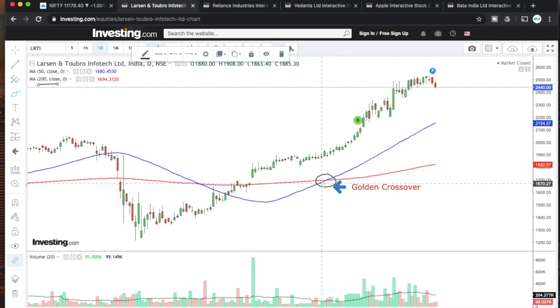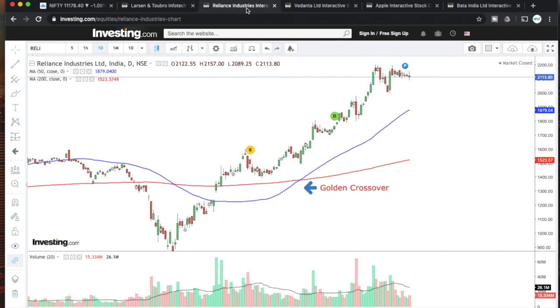This is called a golden crossover. It means things have become extremely bullish, and you can see that prices explode after this golden crossover happens. This crossover happened at 1867 and prices are currently trading at 2440. So you have a 600 rupee profit per share since the golden crossover.